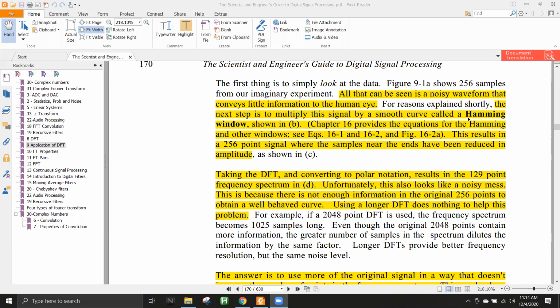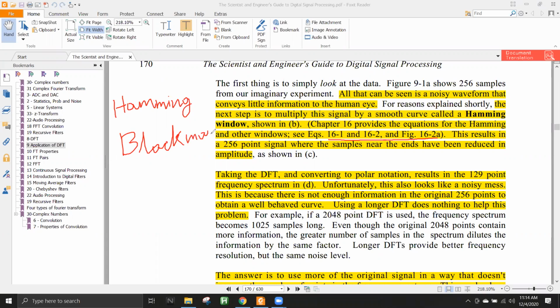If you just want to know what a Hamming window is, you can go to chapter 16, equations 16.2 and 16.3, and figure 16.2a. These talk about the Hamming window and the Blackman window. There are two windows specifically used for reducing end noises, Hamming and Blackman, and you will find the equations for them in chapter 16.